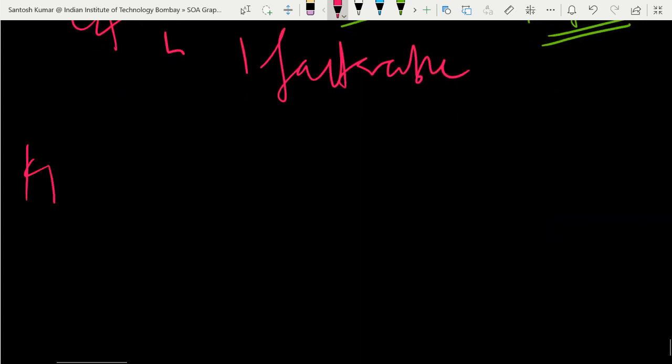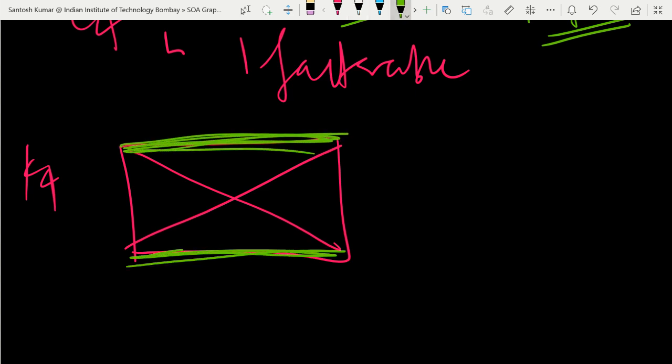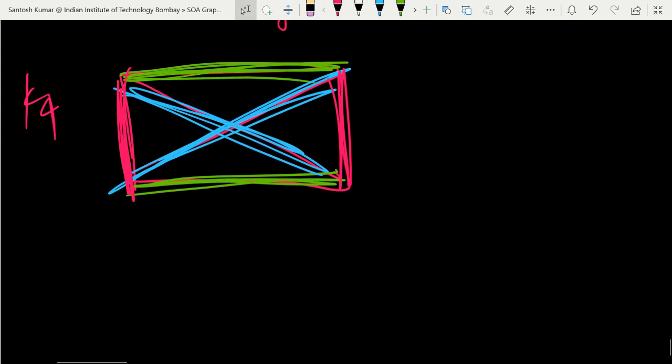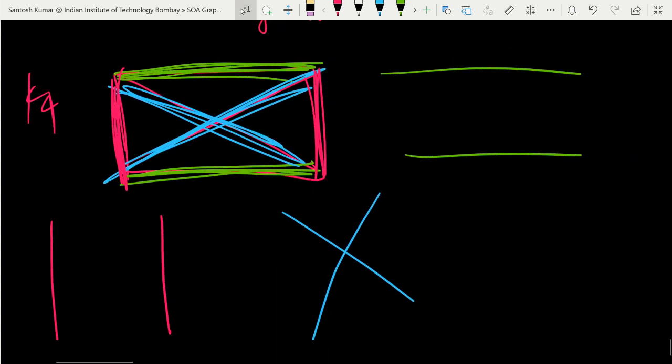Similarly, you know about K4. K4 we discussed, it has three perfect matchings, so if you do coloring, color 1 you can give here, color 2 you can give here, and color 3 you can give here. So if you do decomposition, one matching will be color 1 this, the other this, and the next this. This is 3 perfect matchings.